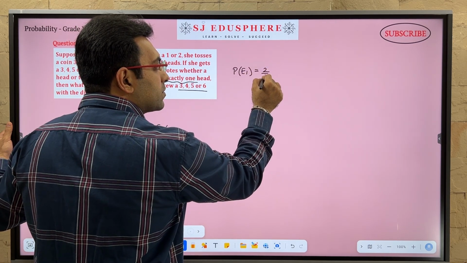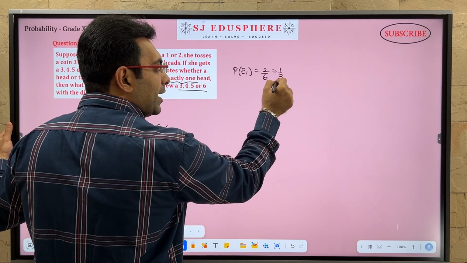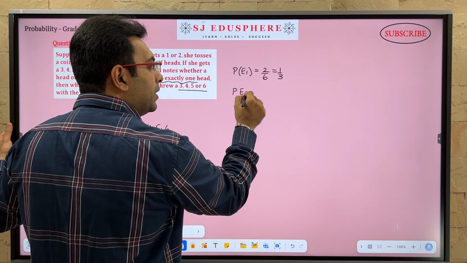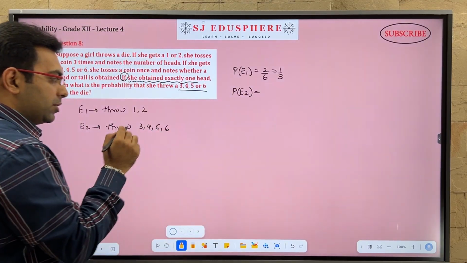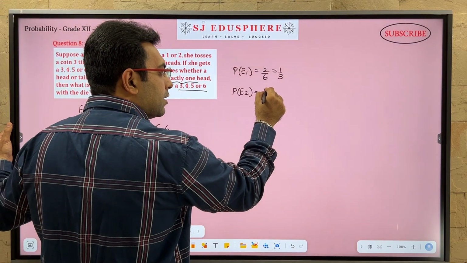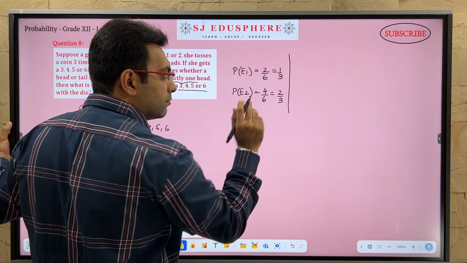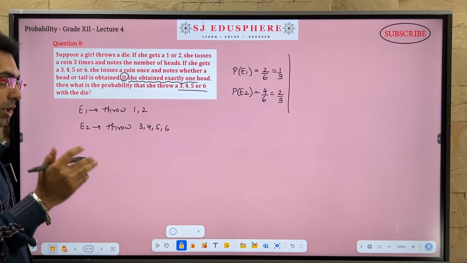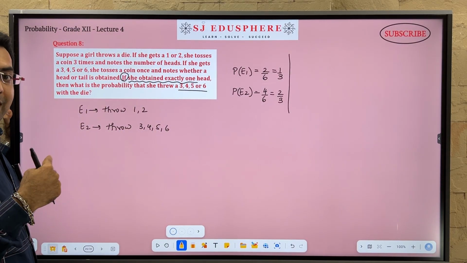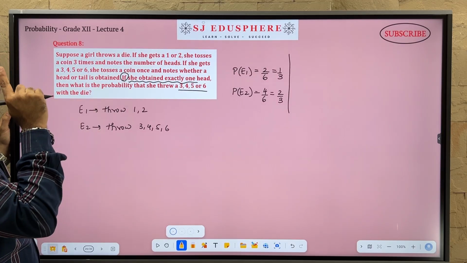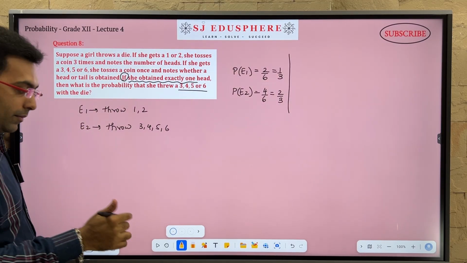That is 2 out of 6, which is 1 by 3. Probability of E2, getting the number 3, 4, 5, 6, is 4 out of 6, which is 2 by 3. After doing this, you are going to toss a coin.